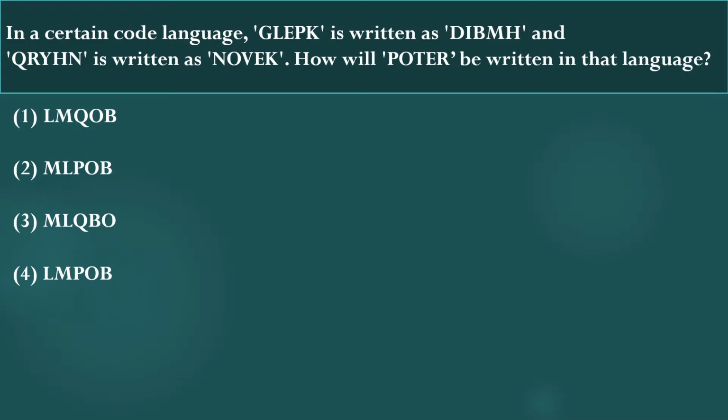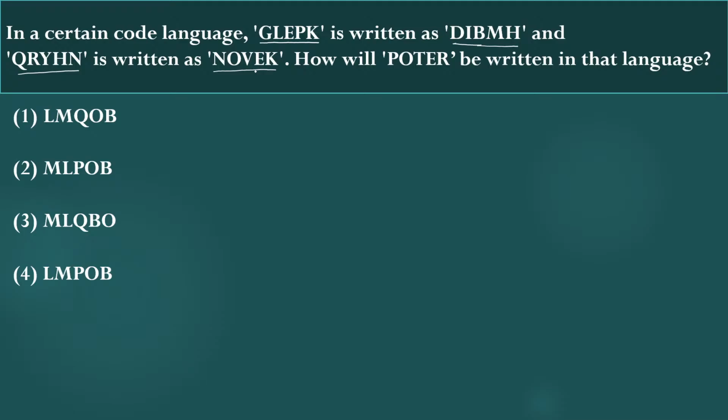See the question here. In a certain code language, GLEPK is written as DIBMH, and QRYHN is written as NOVEK.